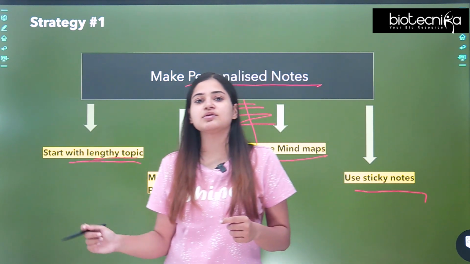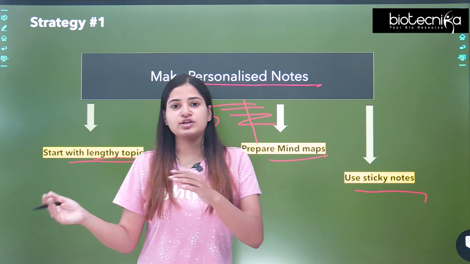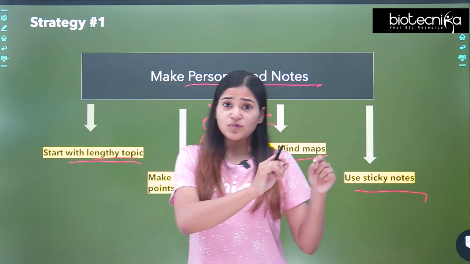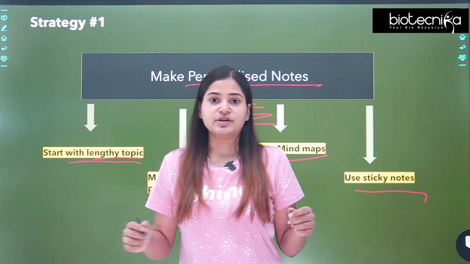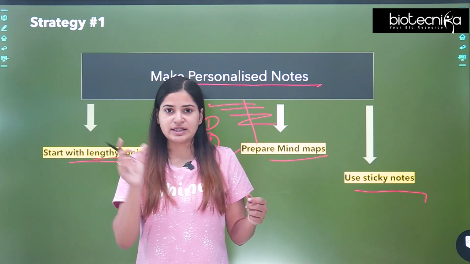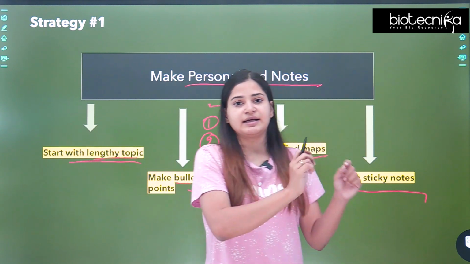Keep sticky notes so that you can jot down those points and stick them at the space where you have written the notes of that particular topic. You can simply take that sticky note and paste it at that place.